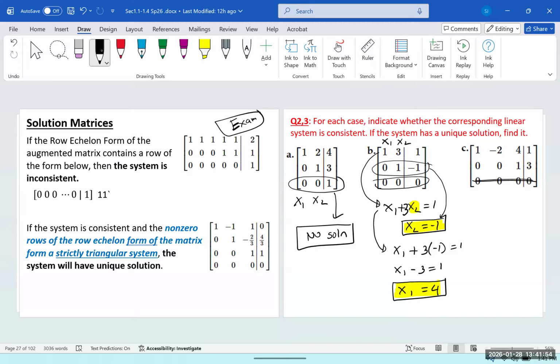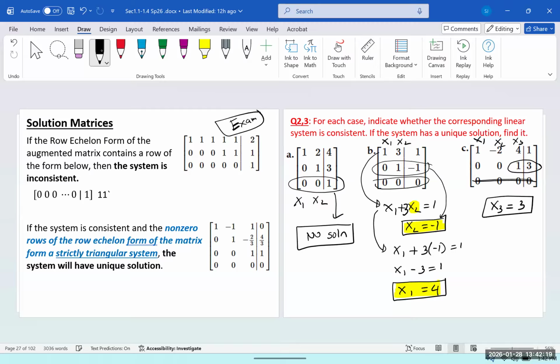Infinite here. So for infinite solution, you still have to find out what is your x1, x2, x3. Because for infinite solution, you need to know what is your leading variable and what is your free variable. So this is x1, this is x2, and this is x3. Let me start with this one. This is easy. x3 is 3.